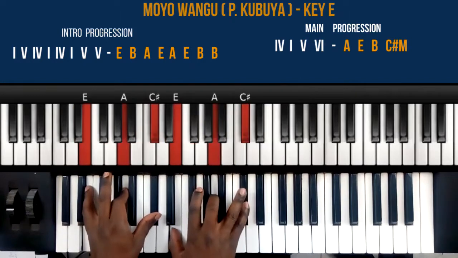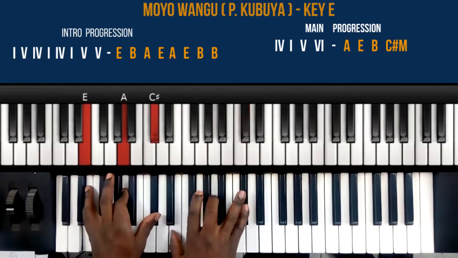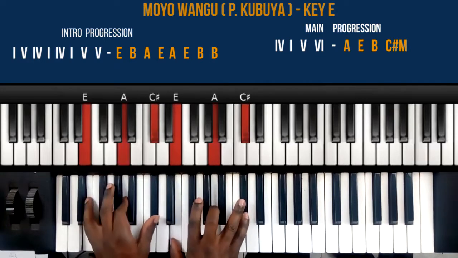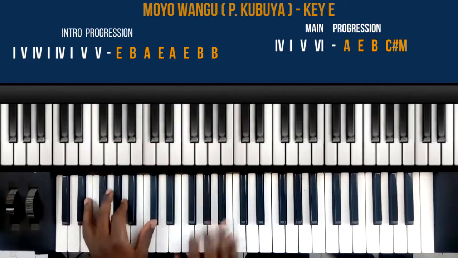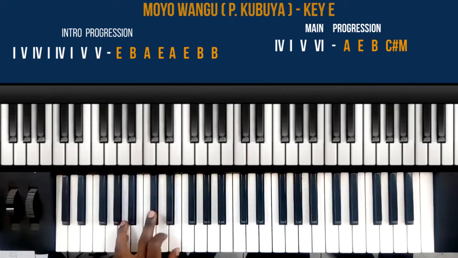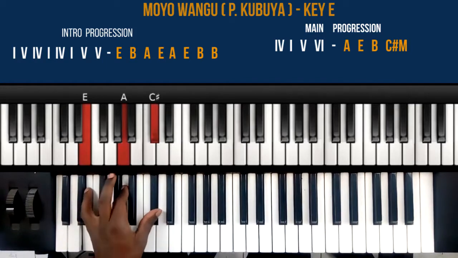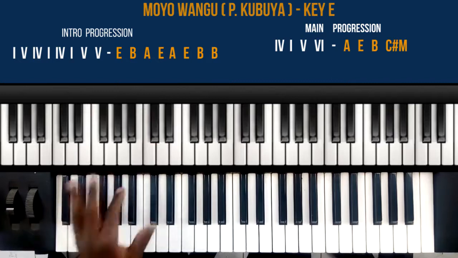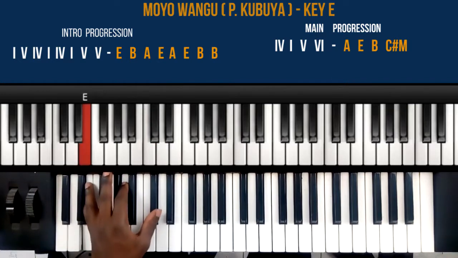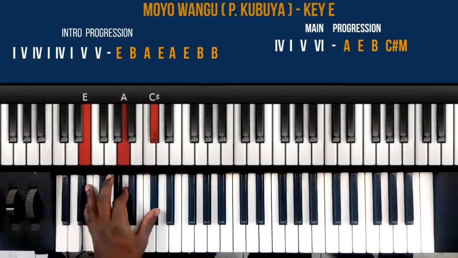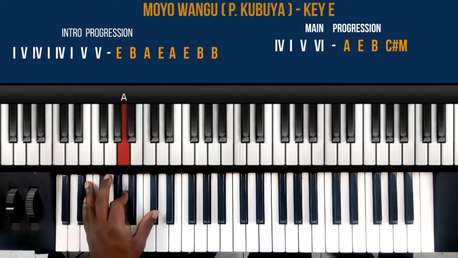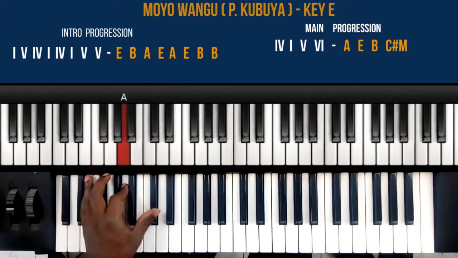Then the 4 chord is an A major chord. This is the second inversion of the A major chord. Normally you play your A here, and then the second inversion of the A chord. I use my small finger to play note E, my pointer finger plays note A and F sharp, and note C sharp with my thumb.